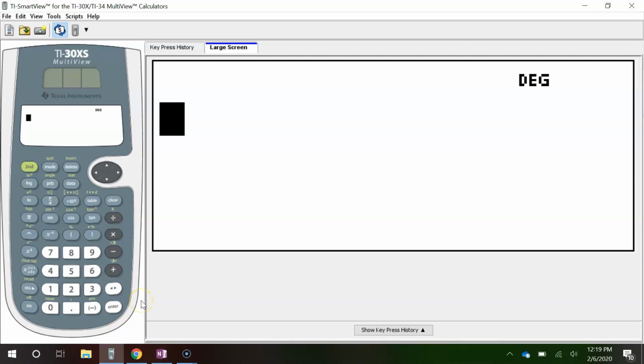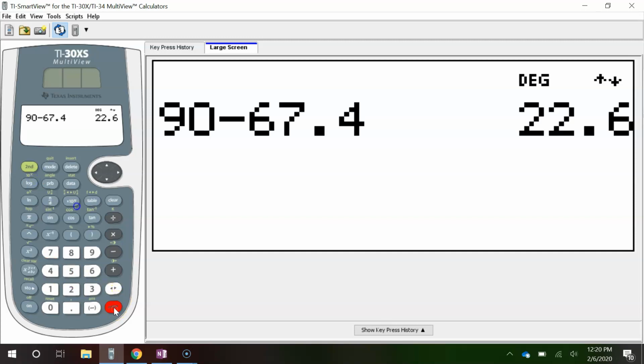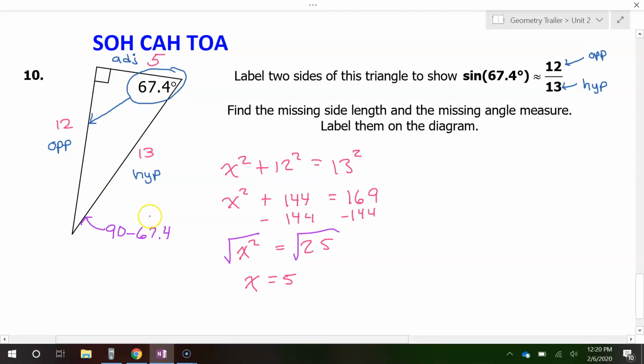And while I was off camera, they installed my calculator. So we can do it now. So 90 minus 67.4 is 22.6. All right, so we have 22.6 degrees right here.